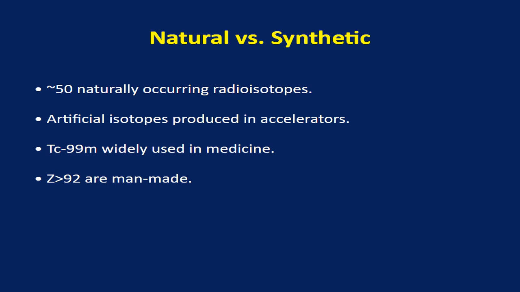Using machines called nuclear accelerators, we create synthetic, man-made isotopes. A famous example is technetium-99m, which is used every day in hospitals for medical diagnosis. If an atom has an atomic number greater than 92, it is always man-made.